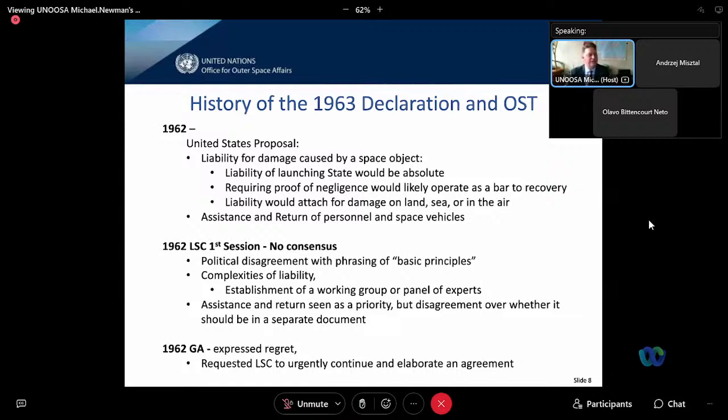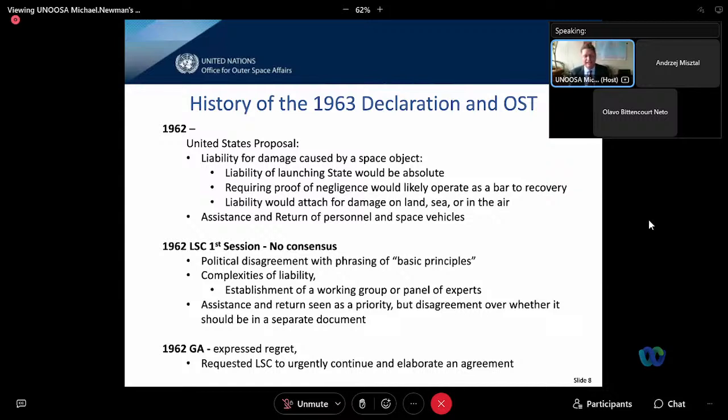It was considered, even at this time, that the complexities of liability and the particularities of assistance and return would require their own instruments. And so, as we can predict, sometimes in our committees, there was no consensus on certain matters regarding the Soviet Union proposal.